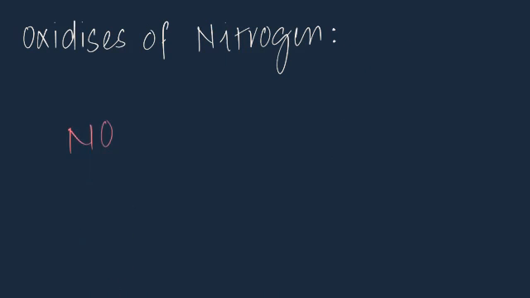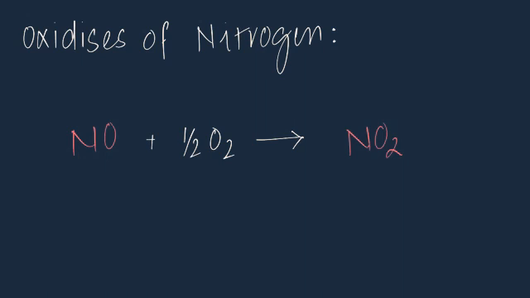Nitrogen has two oxides, nitrogen monoxide and nitrogen dioxide. Nitrogen monoxide can react with oxygen to turn into nitrogen dioxide. Nitrogen monoxide is produced in the combustion engine, where high temperatures break up the nitrogen-nitrogen triple bond, and it ends up reacting with oxygen.